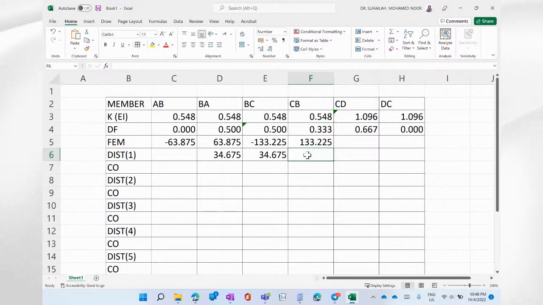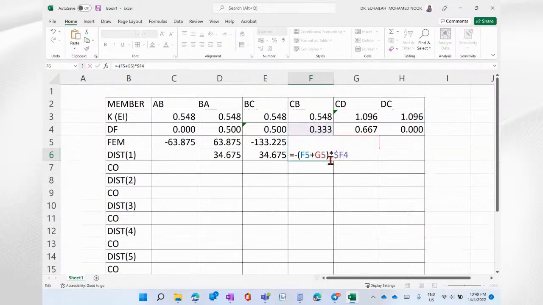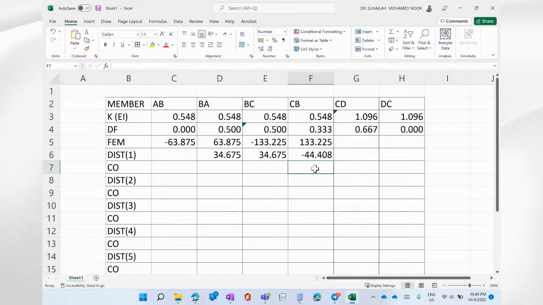This one plus this is negative. Now we times with the factor. The factor is 0.333. I put a dollar sign to lock column DF. Okay, it is negative 44.408.